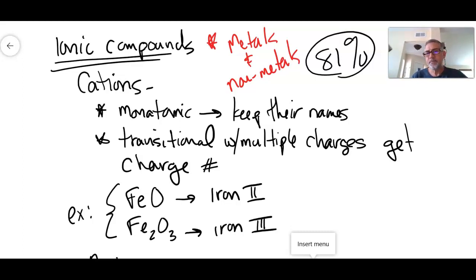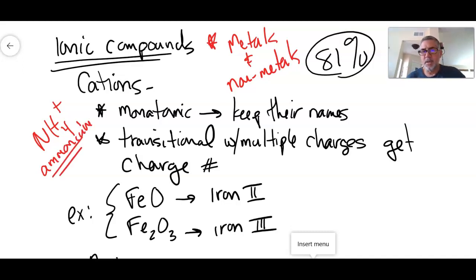The only exceptions to ionic compounds is when you have the cation NH4, which is ammonium. So if it starts with ammonium, it's probably going to be an ionic compound as well.